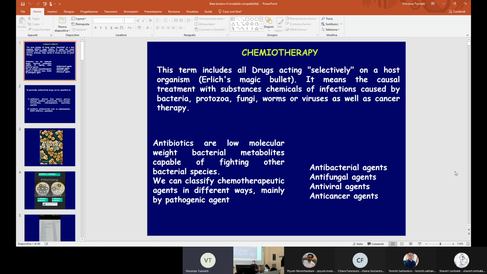Like a magic bullet, you see, the smart weapons. In this case, we try to hit an exogenous microorganism by exploiting particular features at different pathways, at different biological structures, at different behavior.